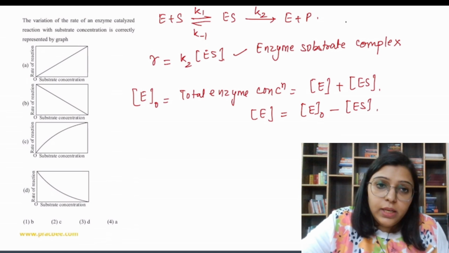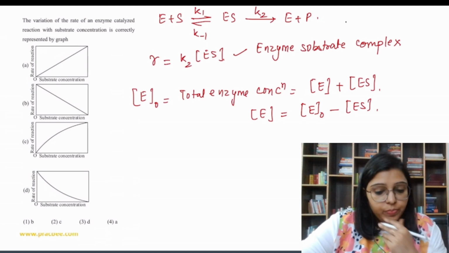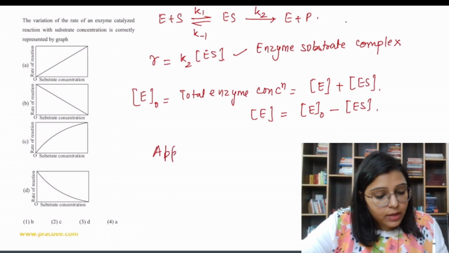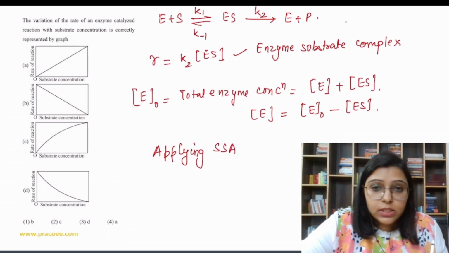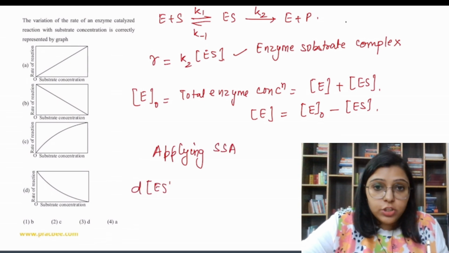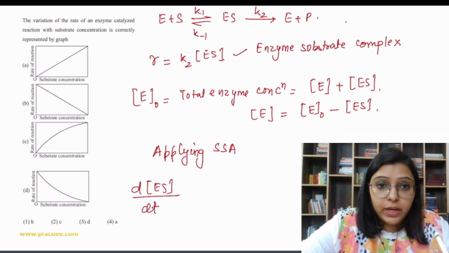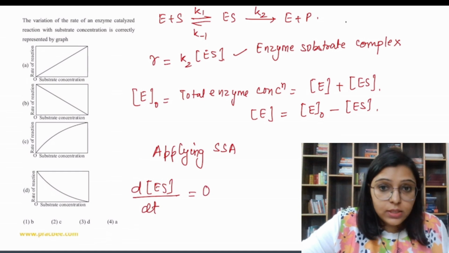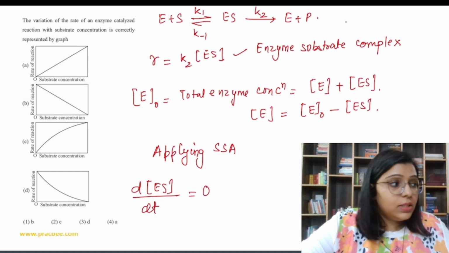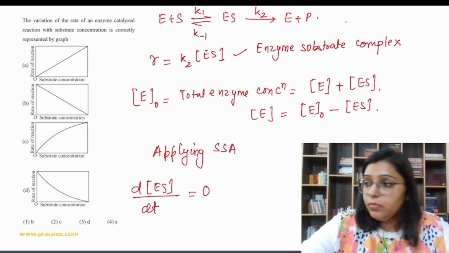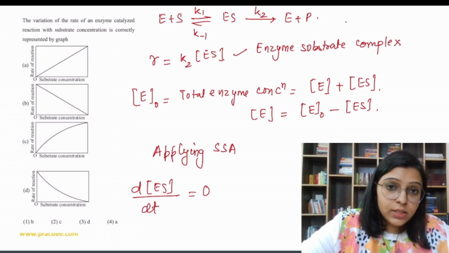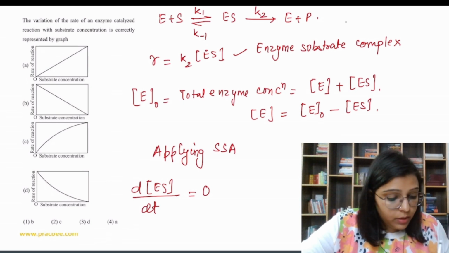E is equal to E naught minus ES. Now see how to solve this question. Here we have to apply steady state approximation. So steady state approximation means small change in the enzyme concentration with respect to time, we have to consider this as 0. If I am going to consider this as 0, so what to do over here?